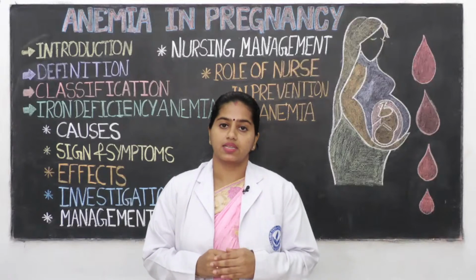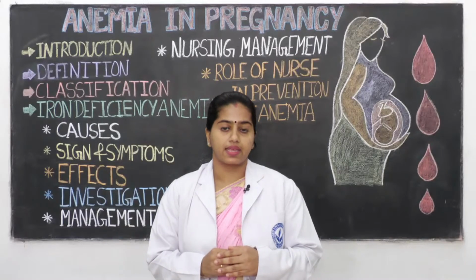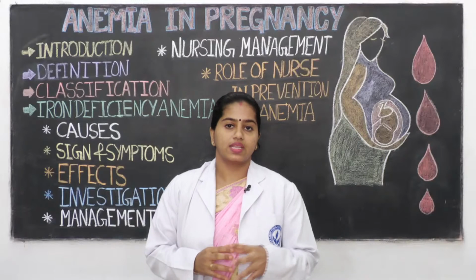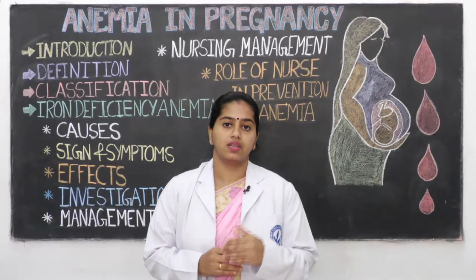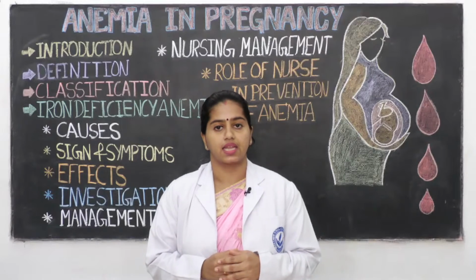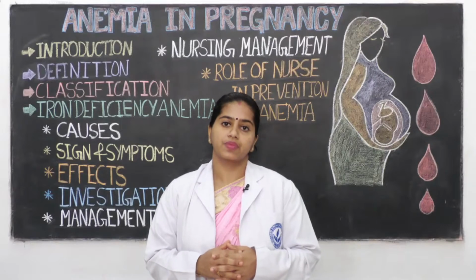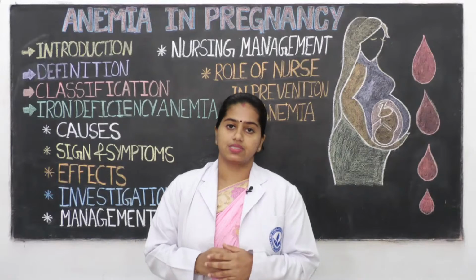Iron is an element essential for hemoglobin, for the oxygen carrying capacity, and it has to be supplied throughout the tissues. When the iron supply is less than the demand in the body of a pregnant woman, she can go into iron deficiency anemia.